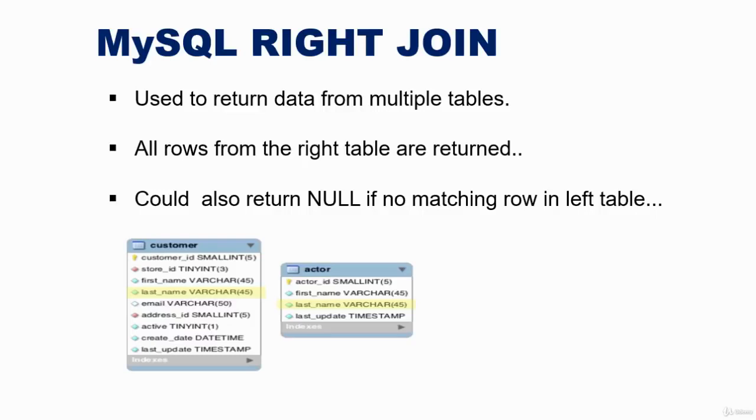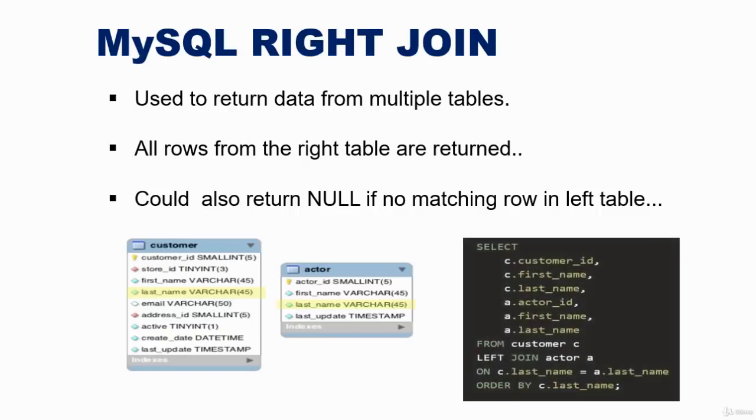The important thing here is that we want to display all the actors regardless of whether they share their last name with a customer or not. What that means is that if an actor doesn't share the same last name as a customer, the actor is still listed. We could achieve this with this type of query listed here.